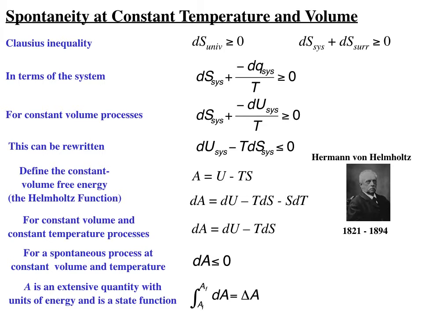First, it is extensive, or scales with the amount of matter present. Second, it is a state function, which means the differential dA is exact: if you integrate it between some limits, you only need to know those limits. So the integral of dA is always equal to delta A, independent of the path between the final and initial states.